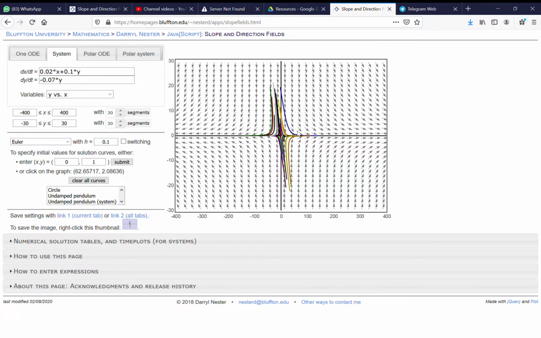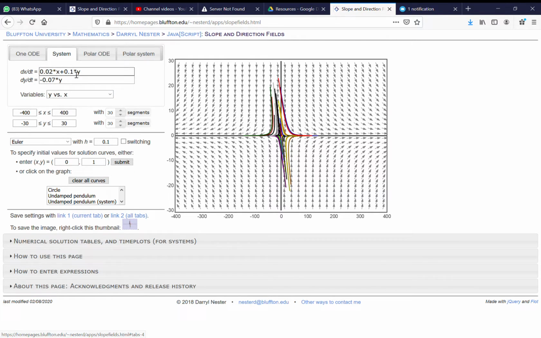It's the phase portrait. At the beginning you will have only the arrows without the colored line, but once you click anywhere here, the lines will appear.